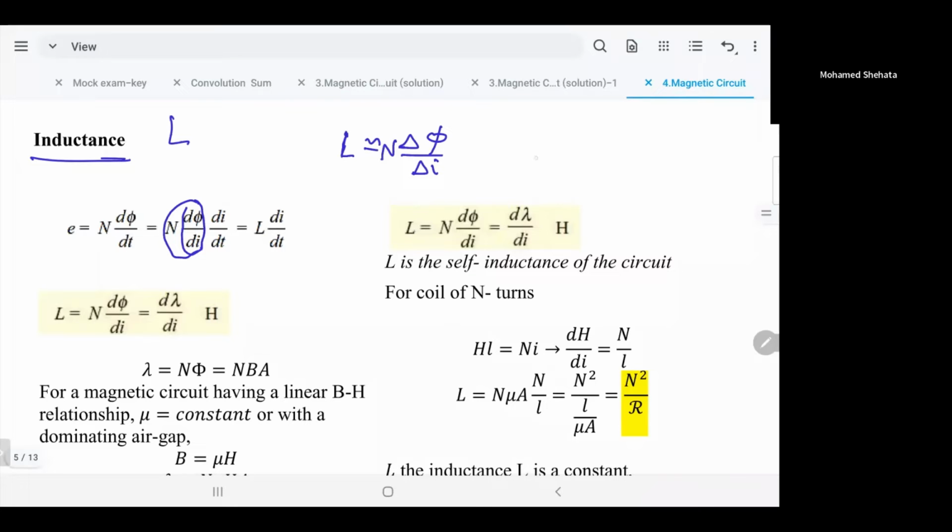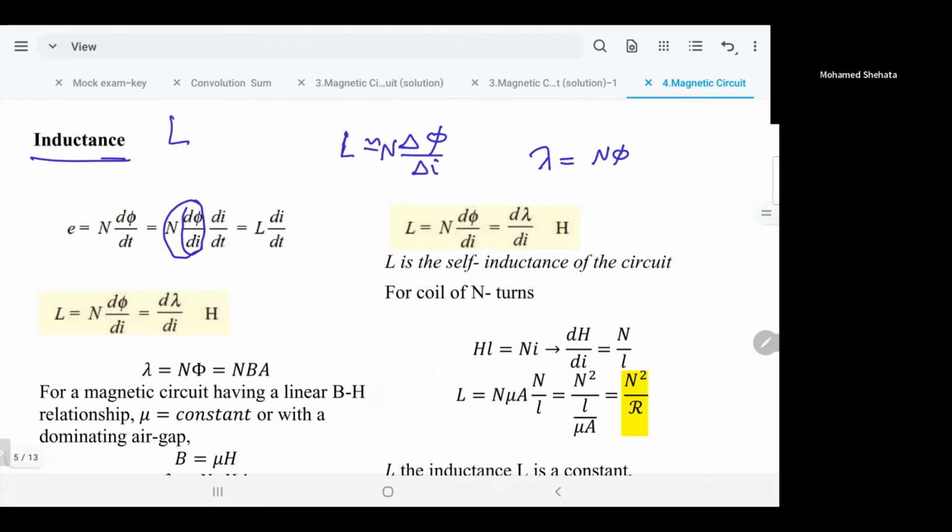And as you know, we call lambda equal N phi. What does it mean? For every single turn in the coil, there is magnetic flux linking with it. So you want to find the total flux linking the whole coil with all the turns. If you have one turn, you will have one phi. If you have two turns, you have phi and phi, 2 phi, 3 phi.